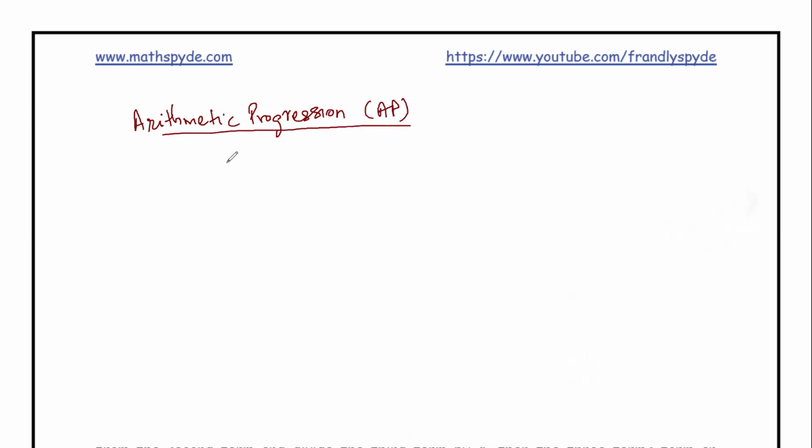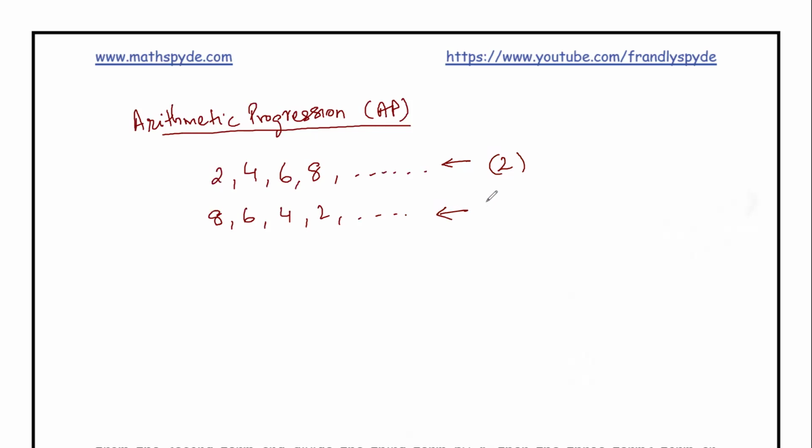Whenever there's a constant difference between any two successive terms, the sequence is said to be in AP. So what is the difference in this sequence? The difference is positive 2.